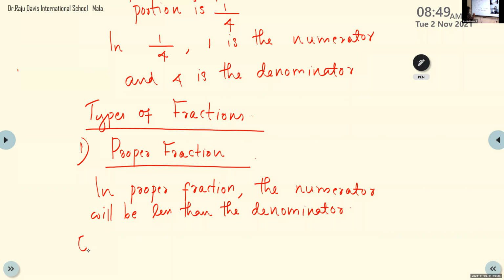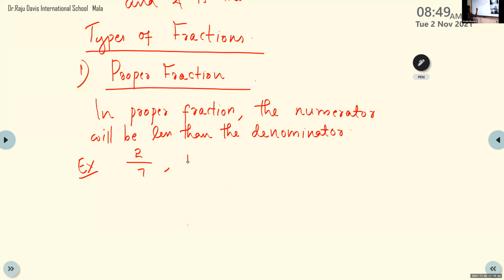Example, 2 by 7, 11 by 13, 3 by 10, etc. It will be proper always.